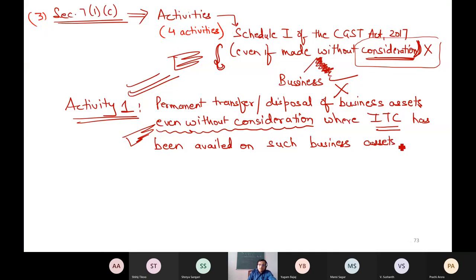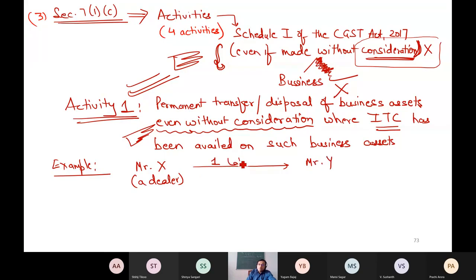Now let me assume an example and I will ask you a question. Mr. X, a dealer, supplied a laptop to Mr. Y for rupees 80,000.